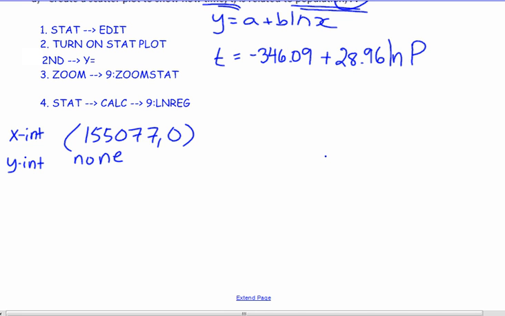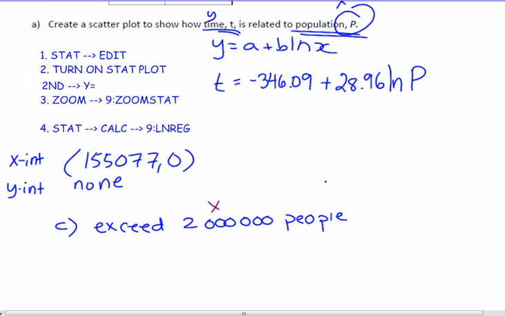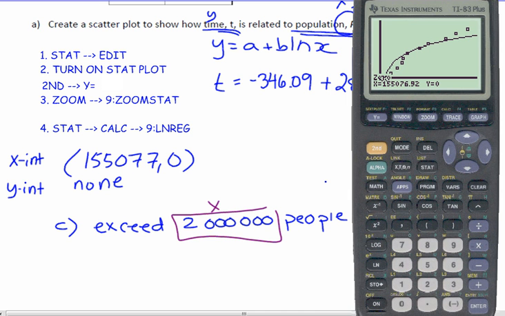And let's go to the last question. It says interpolate the year in which the population exceeds 2 million. That's letter D. So we want the year we exceed 2 million people. Is this the x value or the y value, population? X value, right? So this is great, because if it's the x value, how do we find the x value?